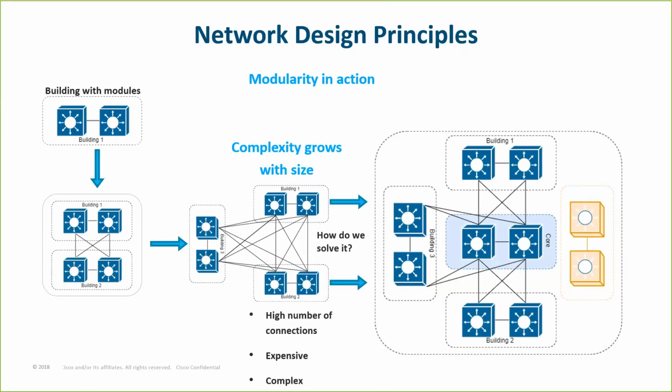And at the same time, let's suppose we have another building on the right side. Then we are totally ready to add another building, and it will be totally seamless. We will not have to touch all the other devices to add another building. Because if we have interconnections with the other buildings, then adding a new element, and it doesn't have to be a building, means touching the other devices.